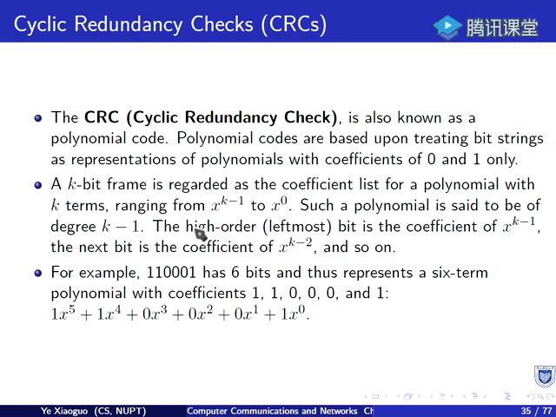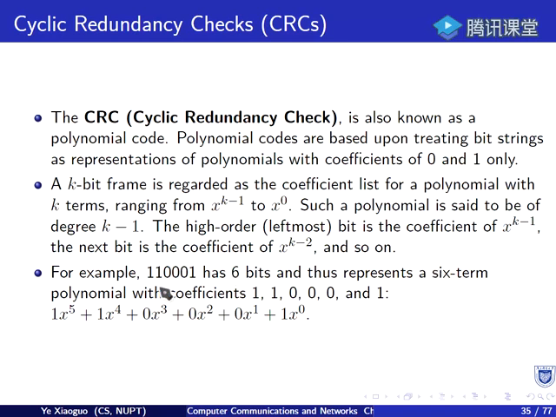Such a polynomial is said to be of degree k minus 1. The high order bit, meaning leftmost, is the coefficient of x with the degree of k minus 1. Then the next bit is the coefficient of the next term, and so on.